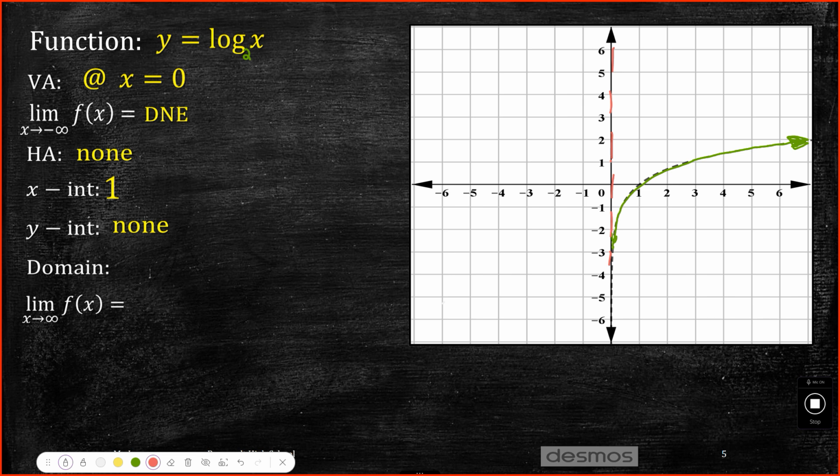Is it all positive numbers? It's never going to cross again. Domain is where you see this green graph I have. Wherever it wants to go, it will never reach the left side of this dotted red line I have.